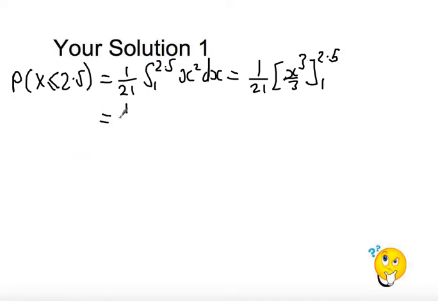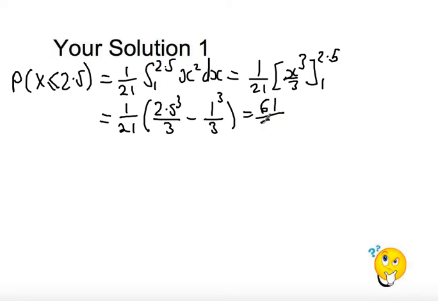So substituting our values in, 1 over 21 multiplied by 2.5 cubed over 3 minus 1 cubed over 3. If we enter that into the calculator carefully and evaluate that in one go, you should get an answer of 61 over 504.